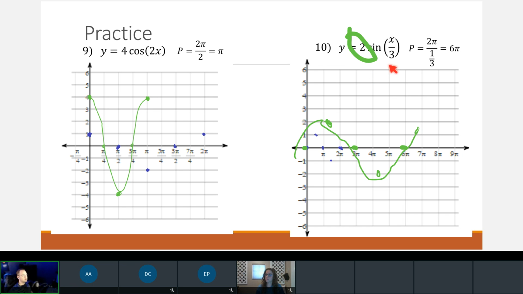And then we can go to our GeoGebra and verify this, 2 sine x over 3.